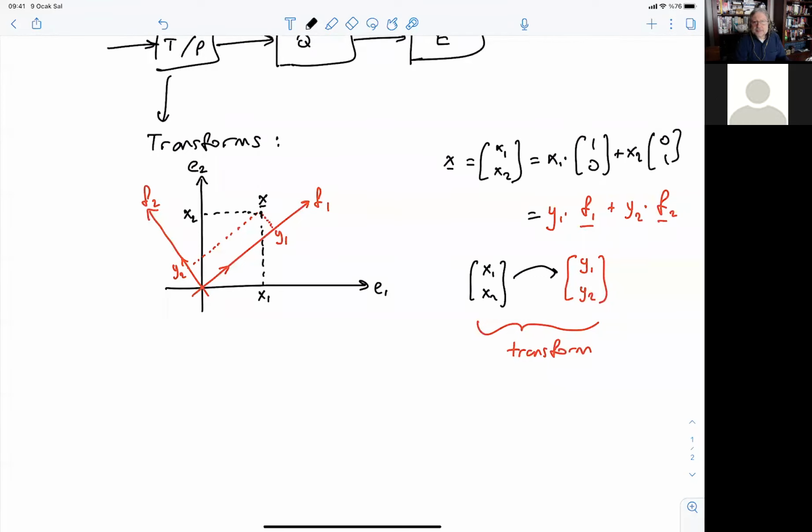Just a minute. Okay. So we were saying that the transformation is essentially a change of basis, as long as we have the basis, of course. So in this aspect, a transformation is a different representation of the same signal using a different set of bases.